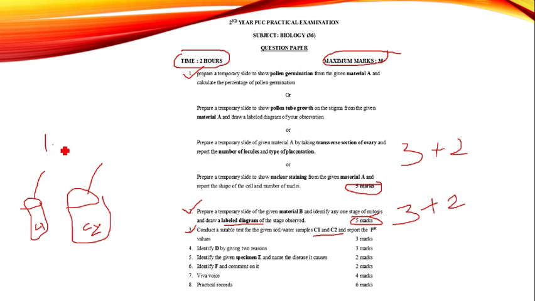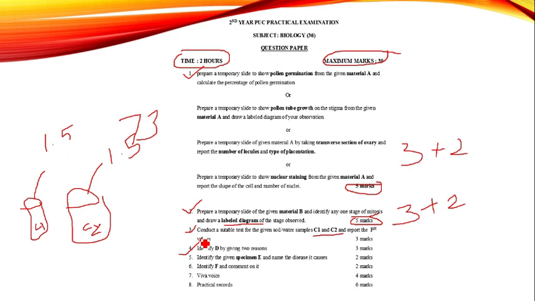C1 pH identification is 1.5 marks and C2 pH identification is 1.5 marks. You should write on the paper how much pH is present in C1 and in C2. If you write correctly, you will get 3 marks. That is the third question.